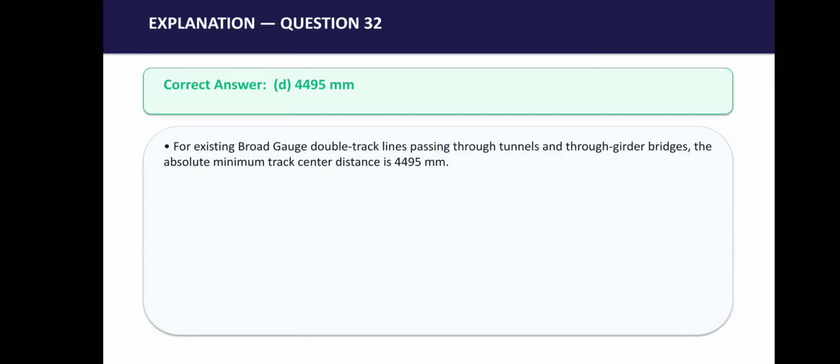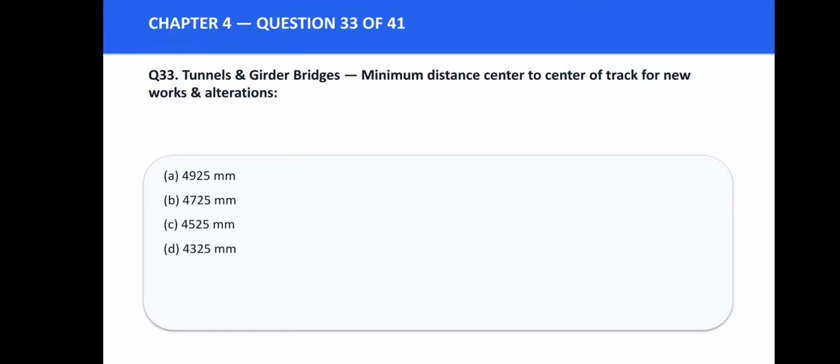4495 mm. Question 33. In tunnels and girder bridges, minimum distance center to center of track for new works is what? Option A, 4925 mm. Option B, 4725 mm. Option C, 4525 mm.